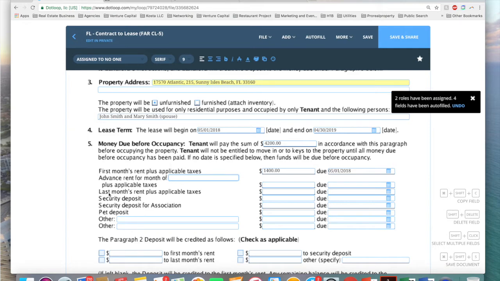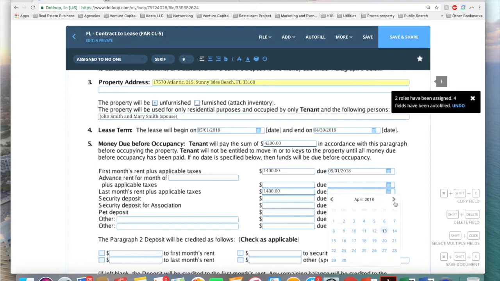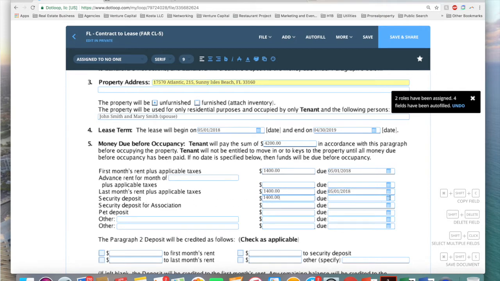If he is prepaying only the last month's rent, there is a separate field here. Last month's rent plus applicable taxes, also $1,400, due May 1st. And lastly is security deposit, which is also $1,400.